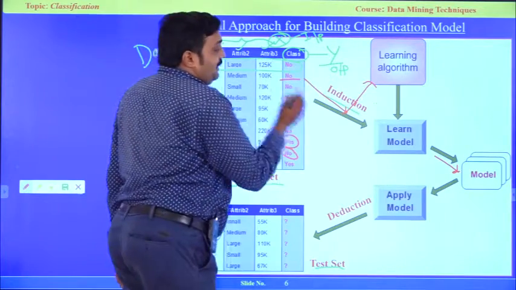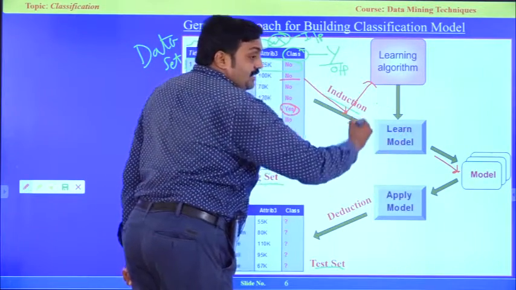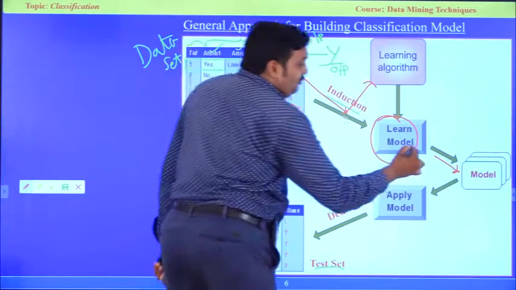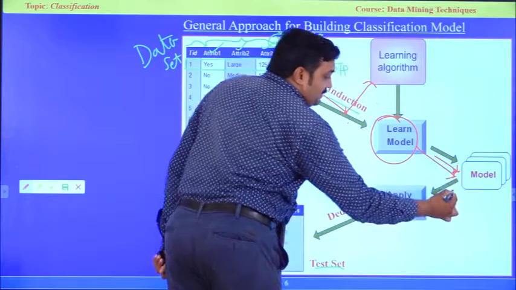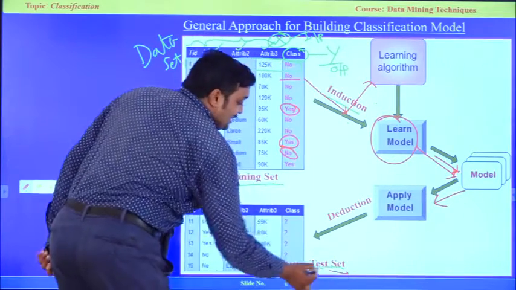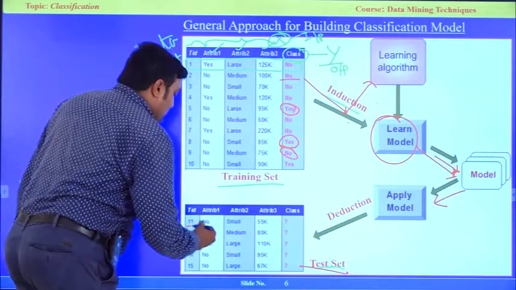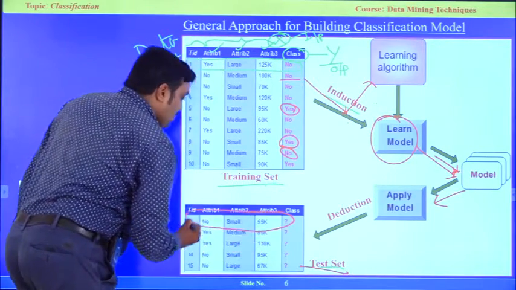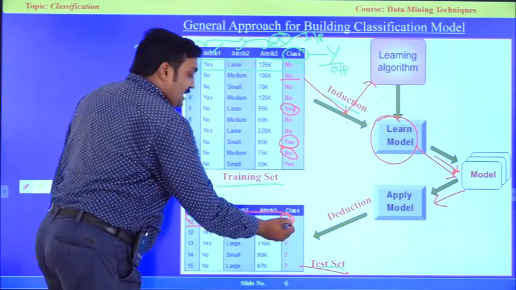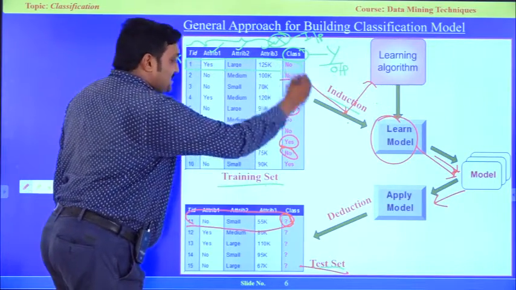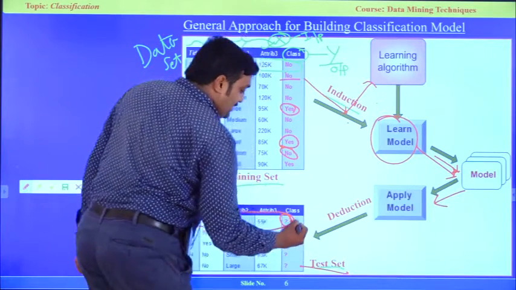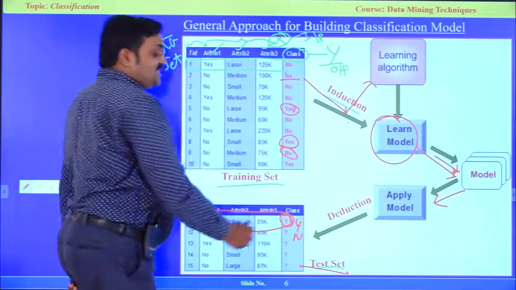So taking the records, we are designing rules, and the model is ready. Then we apply this model with the test set. Whenever I pass some records here, what class is it? Question mark. If it is properly classified as per your learning model, then we get S class or no class for each record.